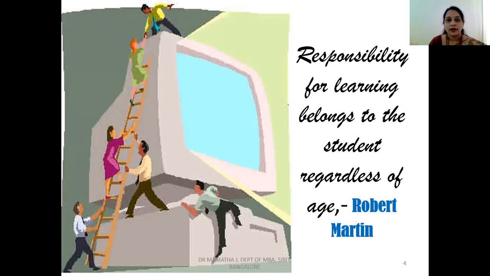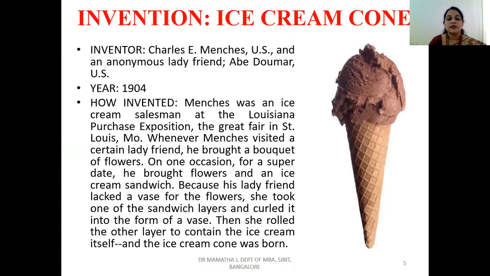Learning is important. Just to start with, let me explain how usually an invention happens. This is one simple example. All of you are very fond of eating ice creams, and you know a variety of ice creams used in different forms.